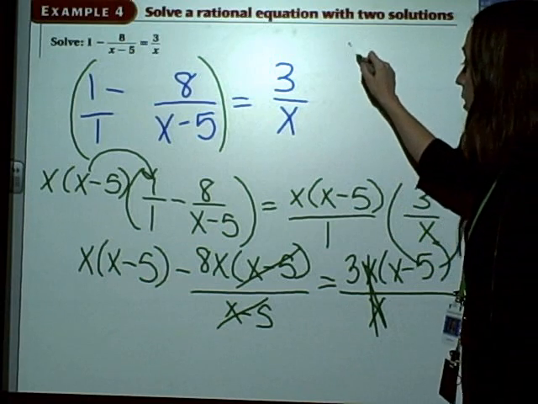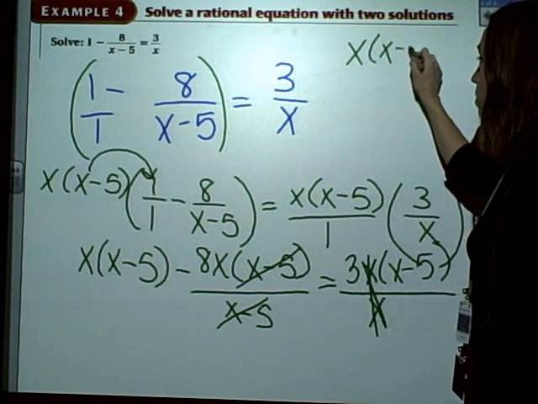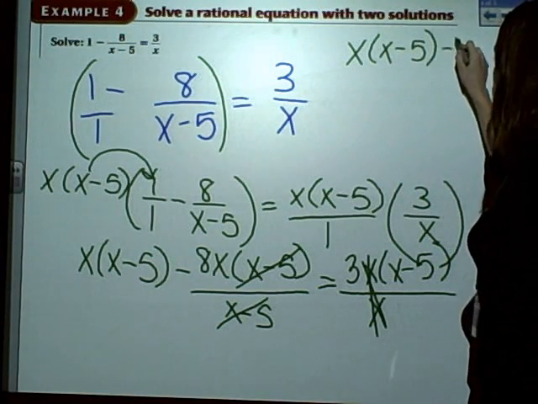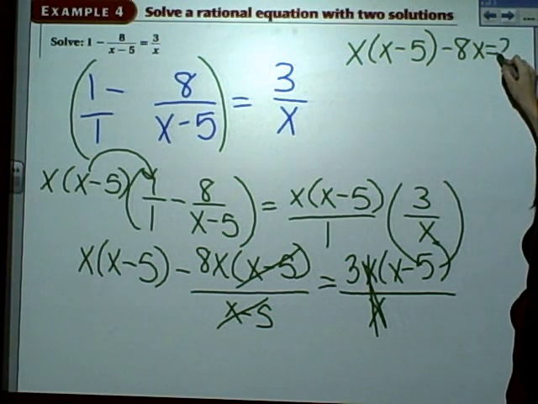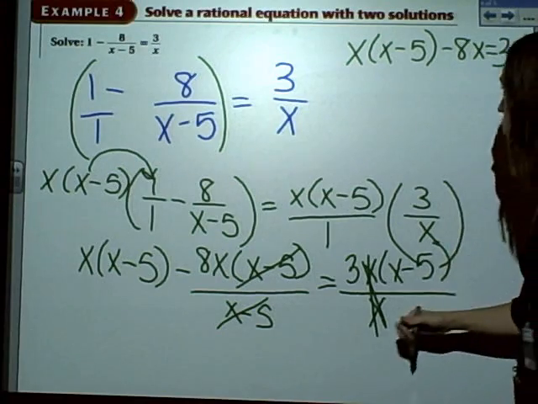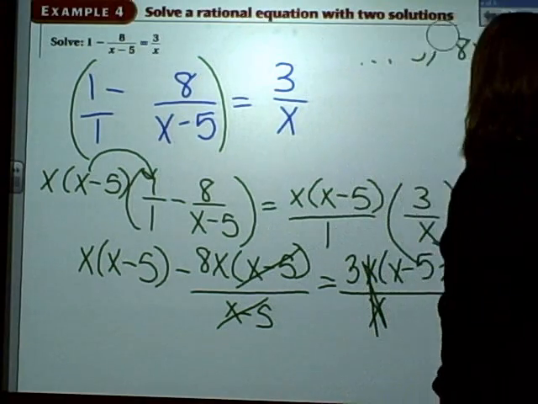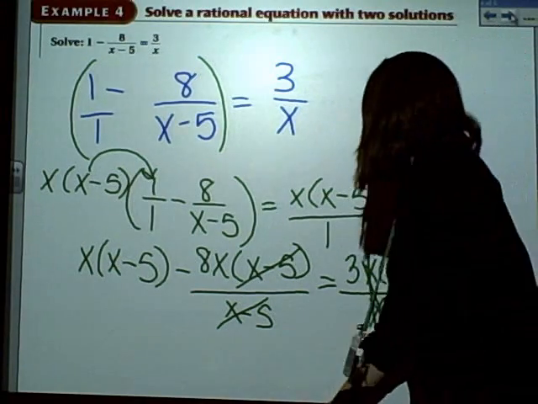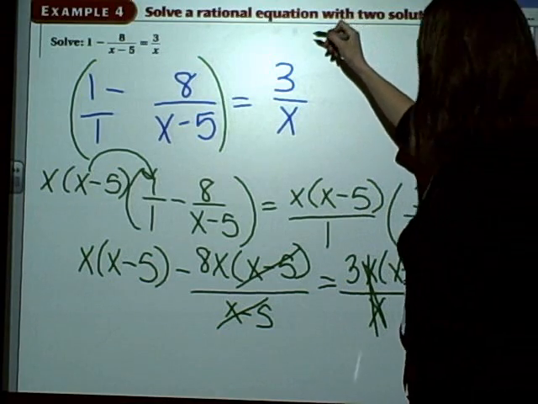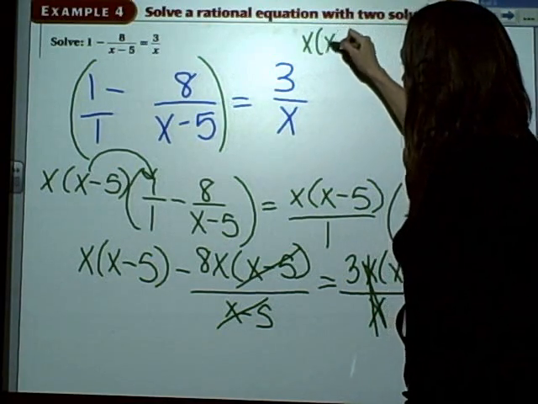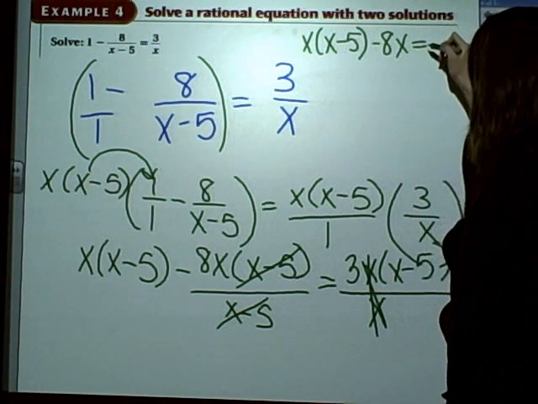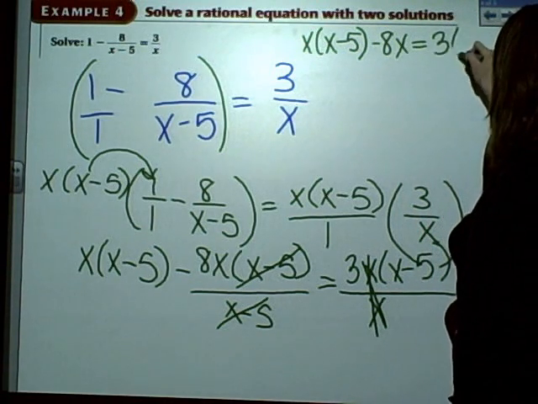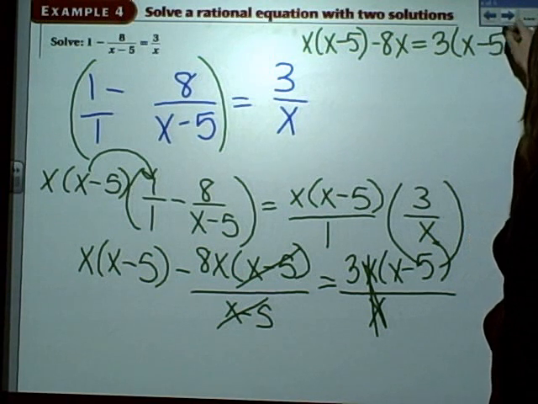So I'm left with x times x minus 5 minus 8x equal to 3, and I'm kind of getting scrunched here. I'm going to move it over a little bit. So we have x times x minus 5 minus 8x equal to 3 times x minus 5.